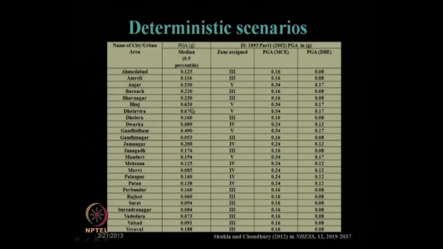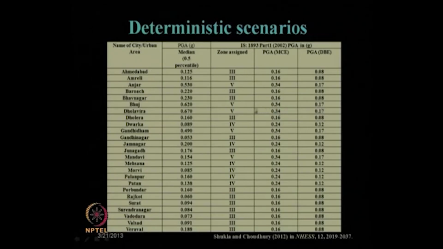As per our present study, the 50th percentile or median PGA comes out to be 0.62 g. Bhuj is in zone 5, and as per IS code it gives only 0.34, which is much lower than what should be taken. The design basis earthquake is half of that, so 0.17.